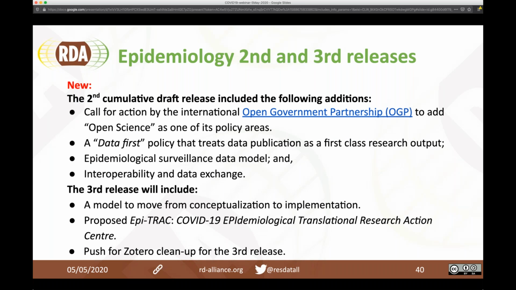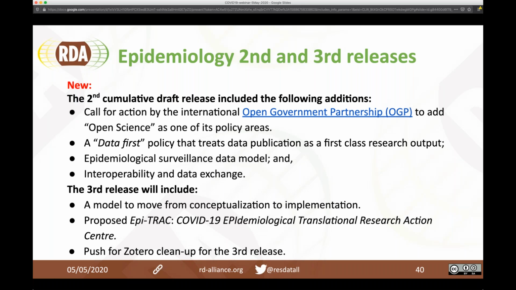So to bring you up to date on the additions to the second and planned third release, we are beginning to specify calls to action to specific groups. An example here is to the Open Government Partnership to add open science as one of its policy areas.